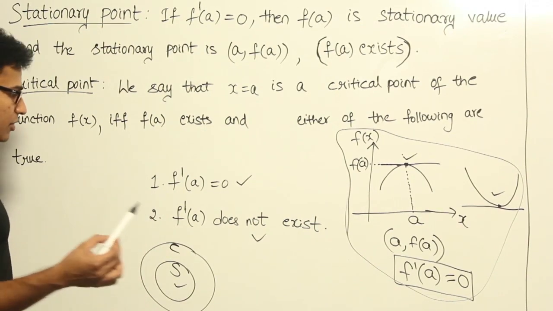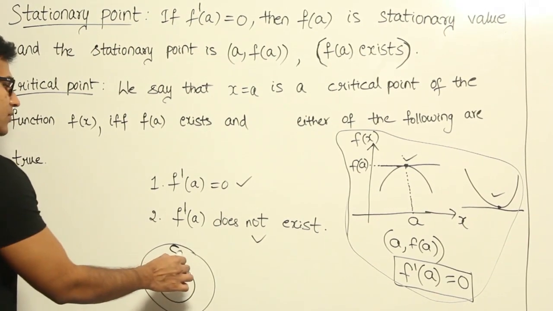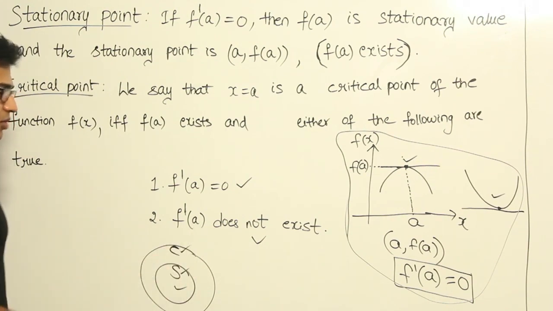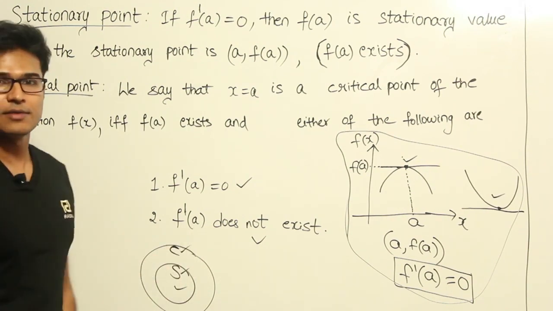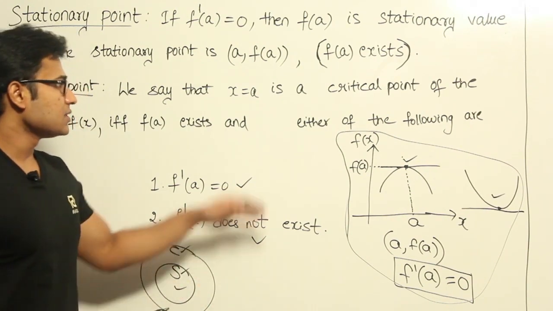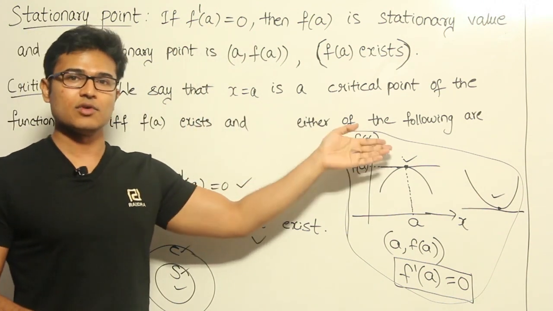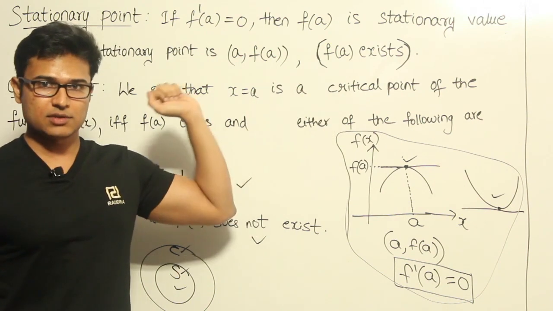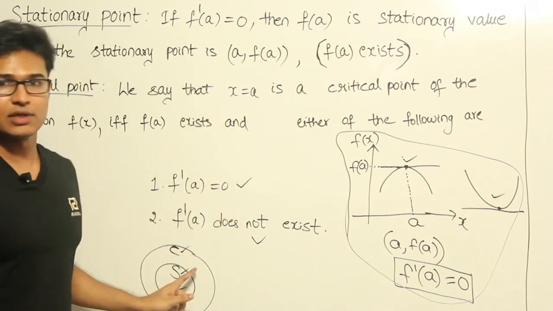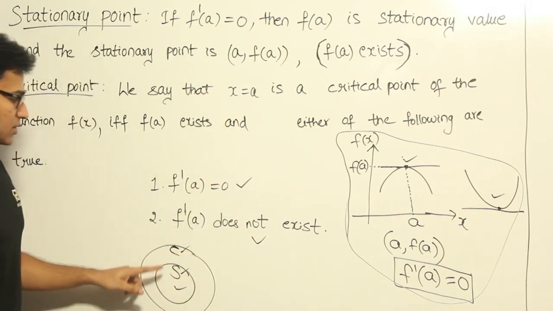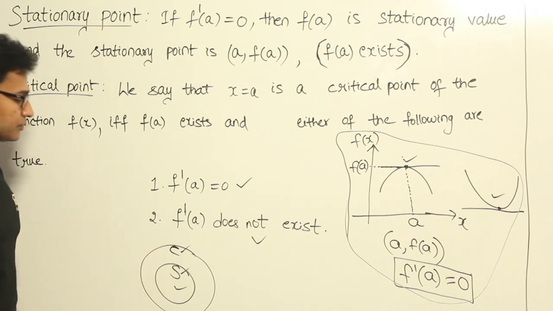So coming to the topic of maxima and minima, if they ask you about the critical point or stationary point, you just take them as one and the same and solve the question by using the same definition of the stationary point. You just find the points at which f dash of a is equal to 0, and from that you find the stationary point, even though they are asking about the critical points, right? And also remember that every stationary point is a critical point, okay?